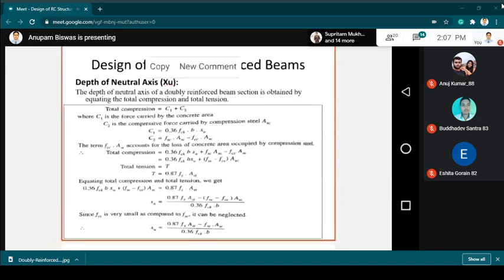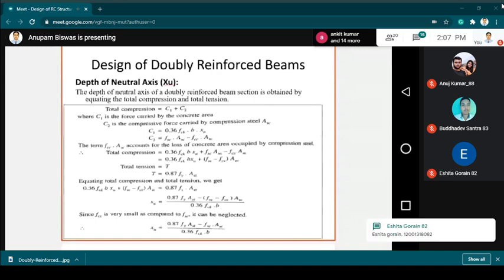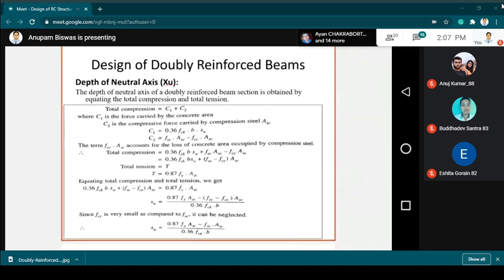So actually this C2 is the stress in steel in compression zone, and it is not including the value of stress in concrete at the level of steel, so we have to subtract it.